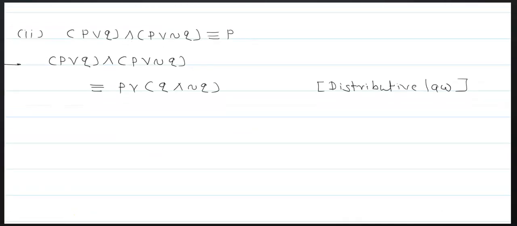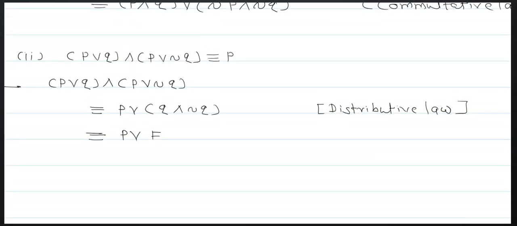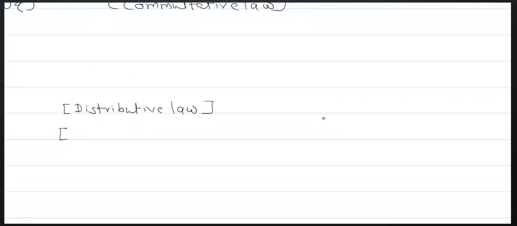Next is, now Q and negation Q. That is F. Again, it is identity law. That is complement law.